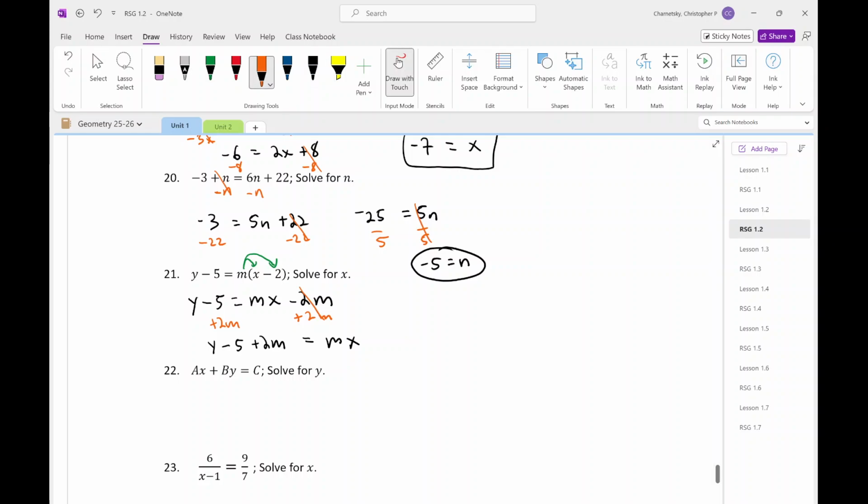Lastly, I need to divide by m, so everything gets divided by m. So these m's cancel out, and the rest of them just stay divided by m. So our equation, we got x by itself, and then over here we have y divided by m, and we have minus 5 divided by m, and a plus 2.